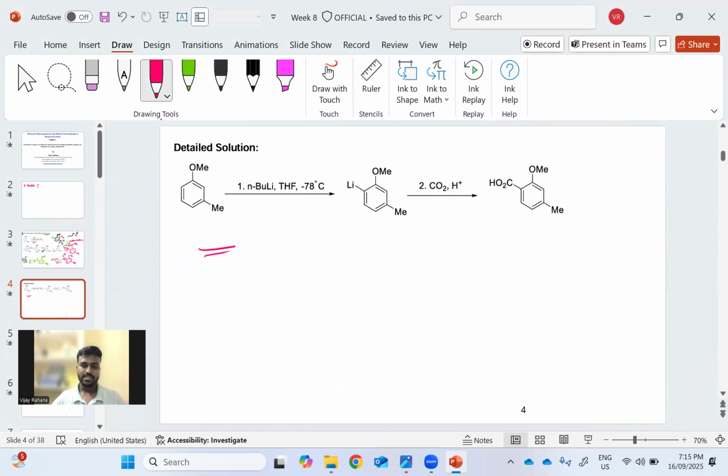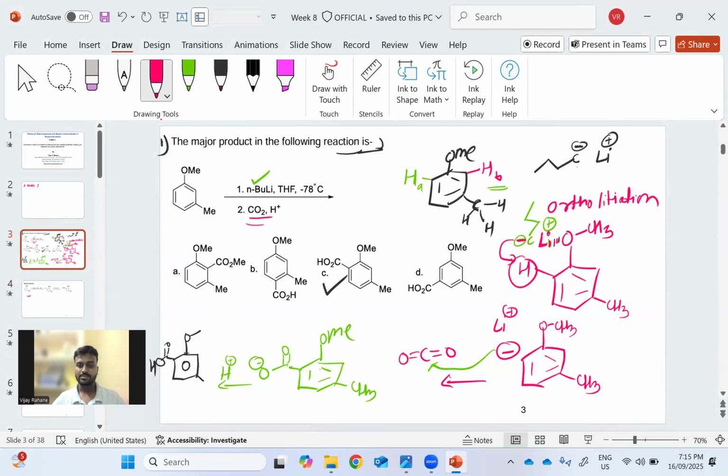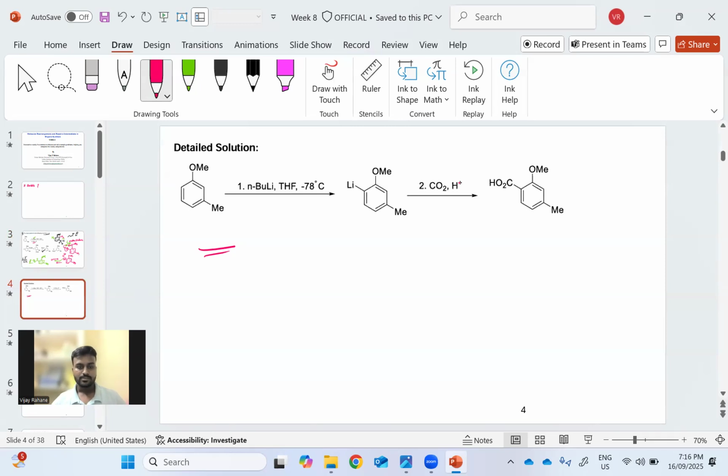In this question, I also explained why this HB proton is not abstracted. The reason behind it is that it has some sort of steric crowding. That's why this HB proton is not getting abstracted.